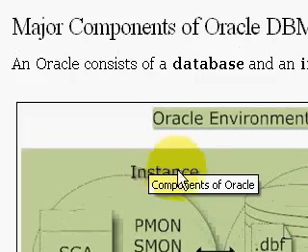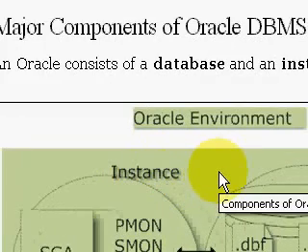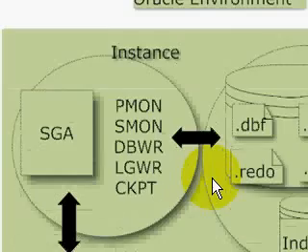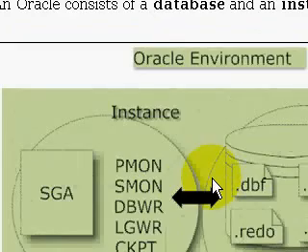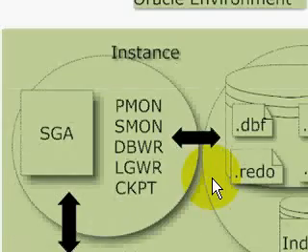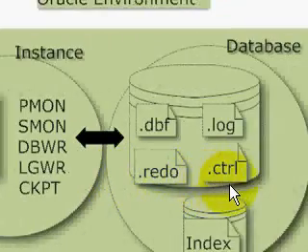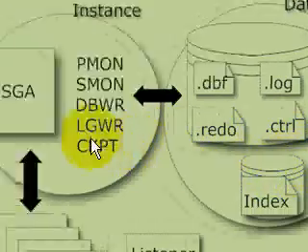Okay, the major components of an Oracle database. Oracle's typically set up in a Unix environment, and the two major components are the database and the instance.